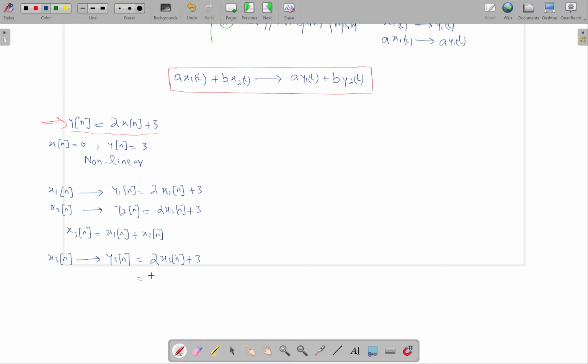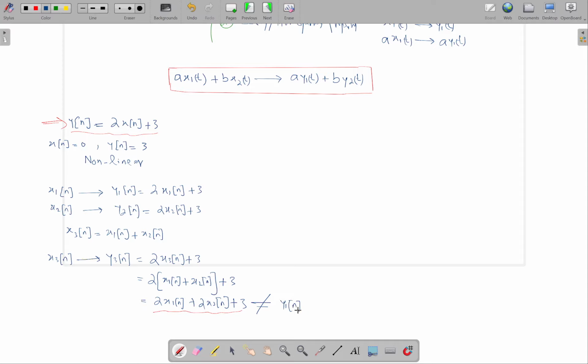And now instead of x3n, I can write x1n plus x2n plus 3. So now if I open it up, this is 2 times x1n, 2 times x2n plus 3.